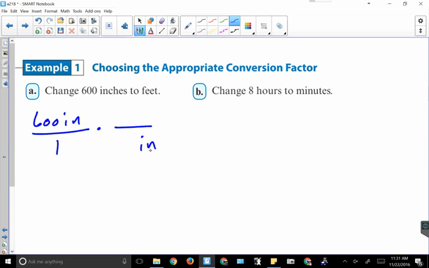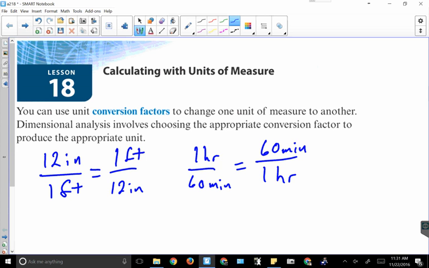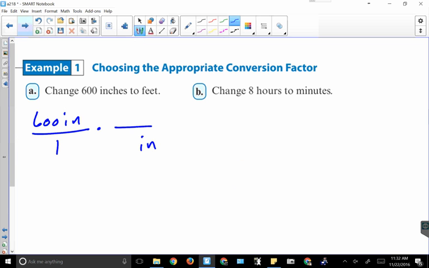So, I got inches. Well, do I have a way of converting inches into feet? Yes, I do. Do I have one of these that's in a fraction with inches on the bottom? Yes, I do. 1 foot over 12 inches. So I'm going to put 1 foot over 12 inches. Now, the wonderful thing about this is what's on top and what's on the bottom can cancel as long as they're the same. So, inches cancels with inches.